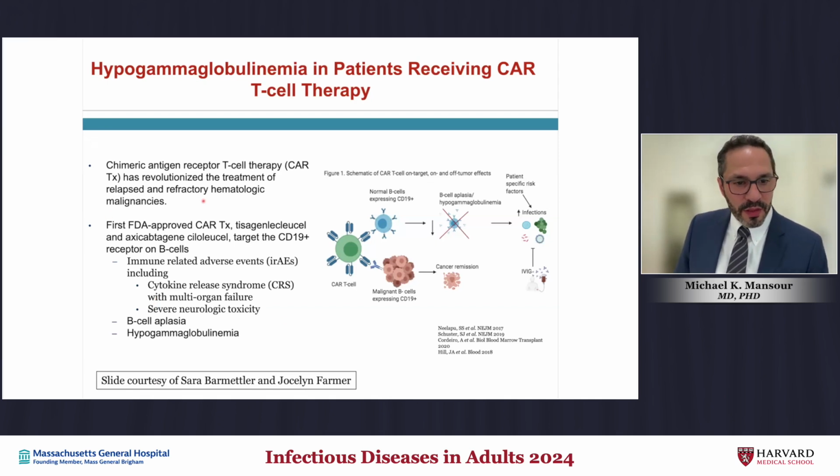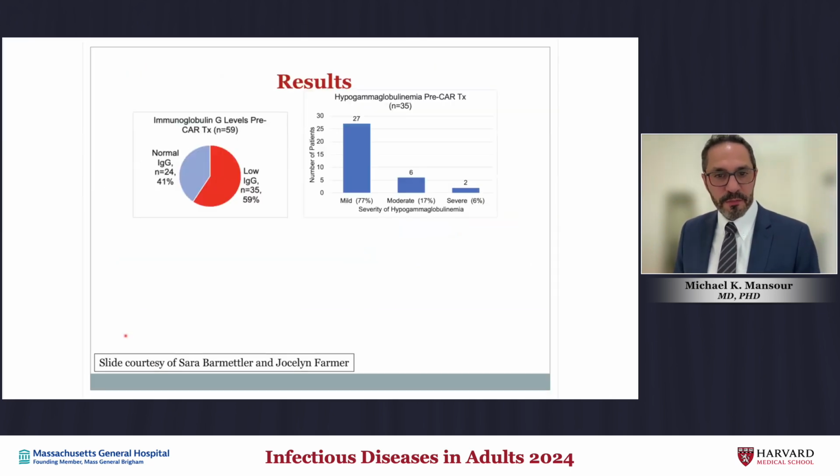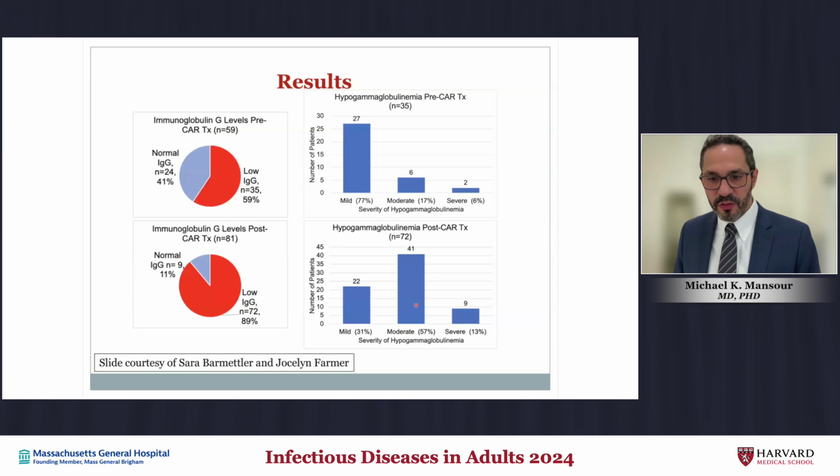And what they really recognized is that the initiation of a B cell specific CAR T cell often resulted in really profound low levels of IgG due to B cell aplasia. When they looked at the immune globulin levels following CAR T cell therapy, the number of patients who had mild hypogam before CAR T cell really increased, and you saw a spike in the moderate and severe levels of hypogammaglobulinemia.